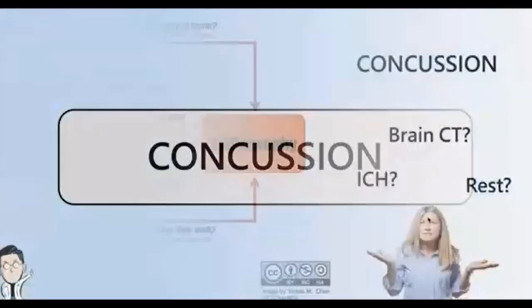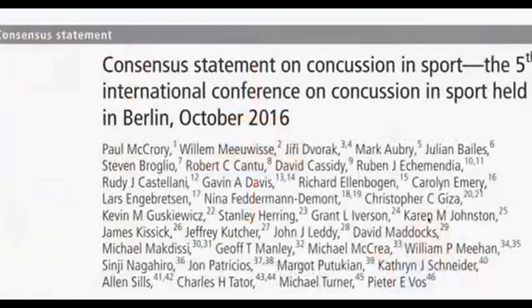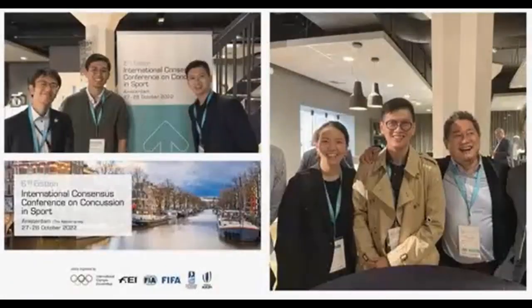And now let's go to concussion. I don't know, what is everyone's first impression about concussion? It's a brain CT, whether it's ICH or not, or just rest and go home. But actually, concussion is not only that. The latest consensus statement comes from 2016 in Berlin, but this year, 2023, the sixth International Consensus Conference for Concussion happens in Amsterdam in October.